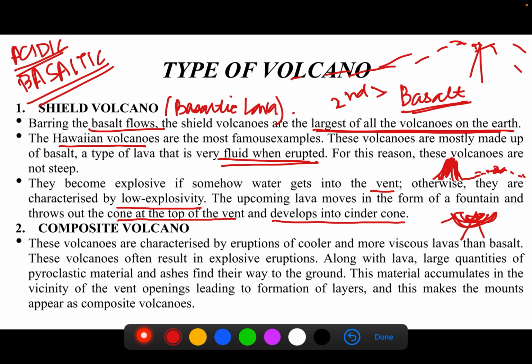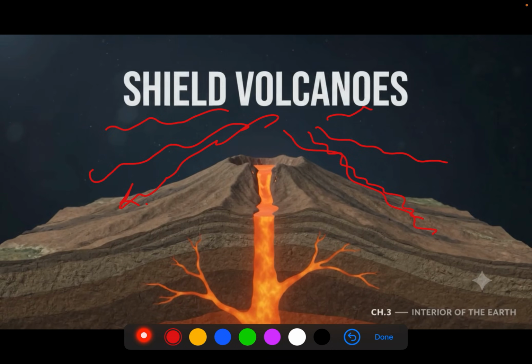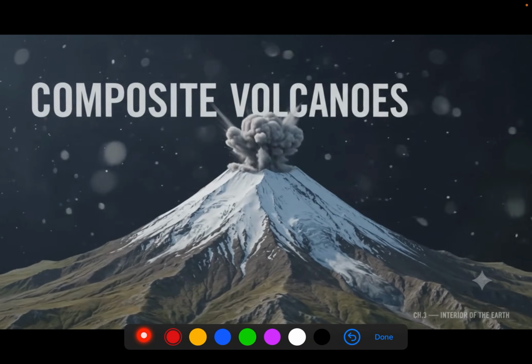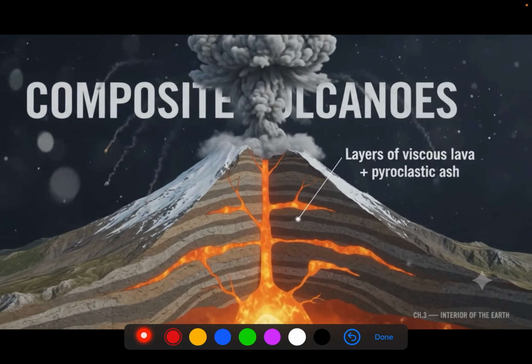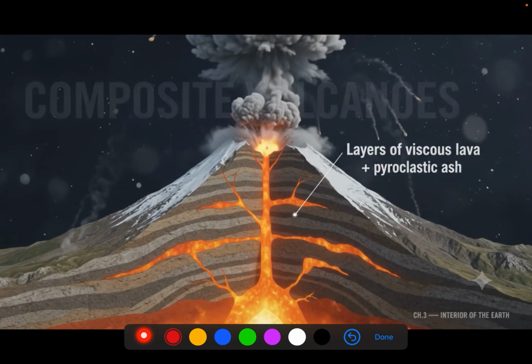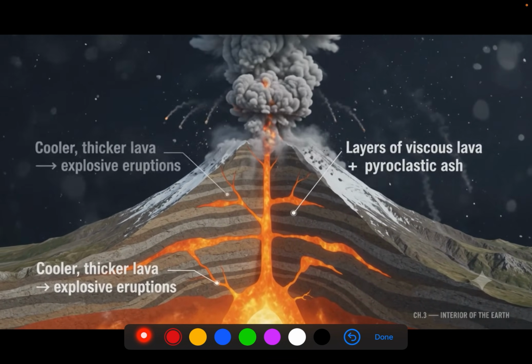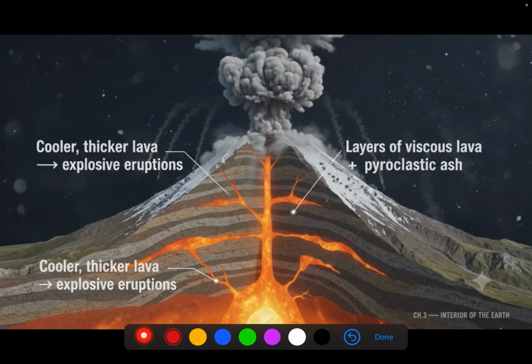The second type of volcano that we have to see is basically the composite volcano, right? Let's see a video. Right.